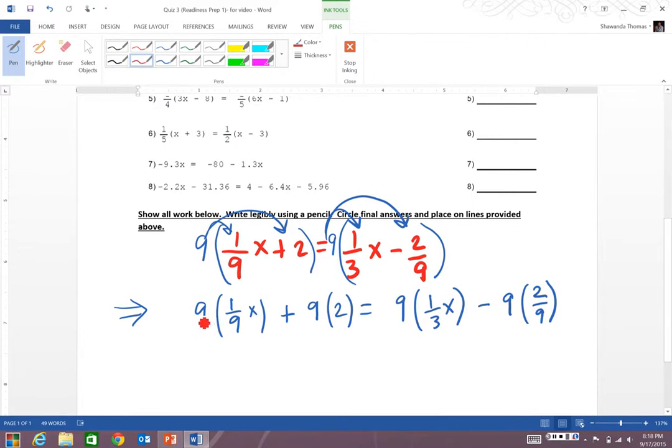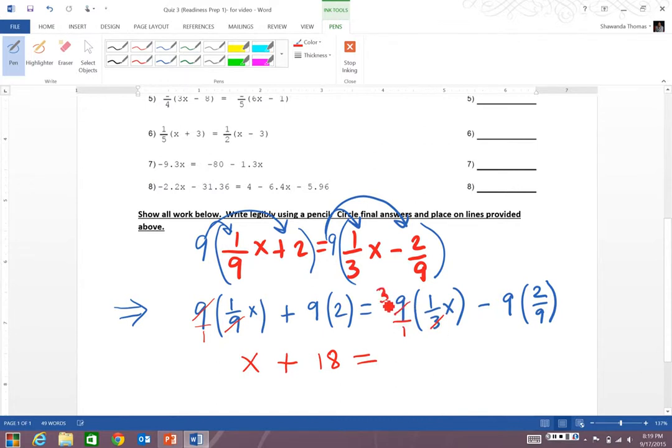Since I know that's 9 times 1 over 9, I know that's a 1 here, I can cancel these 9's out, as you can see. Then I'm left with just an x on this side because everything canceled out to 1. Plus, nothing cancels here. It's 9 times 2, which is 18. Here I have a fraction again. That's 9 over 1. I know that 3 goes into 9 3 times.